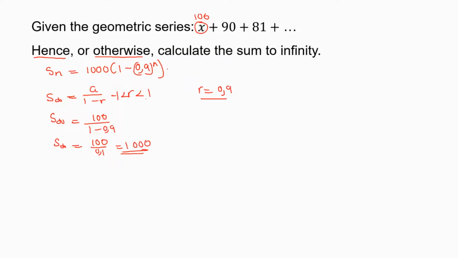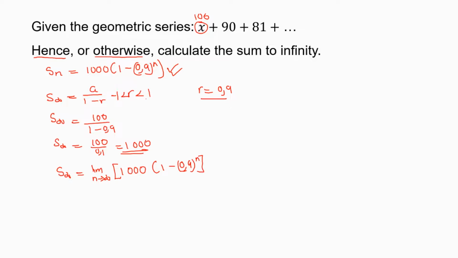Right, using what we managed to get in the previous question, we said hence. So we can say that when n is approaching infinity, this will be equal to the limit as n approaches infinity of 1000 times 1 minus 0.9 to the power n.